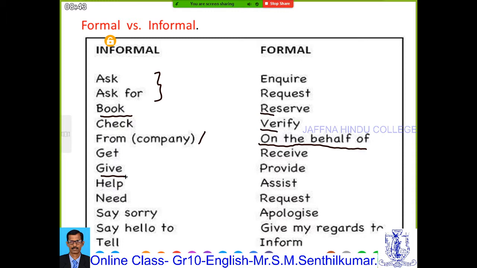Help: "I'm sure the principal will help you" is informal; formal is "I'm sure the principal will assist." Need: "I need your help." Once again, same vocabulary. Instead of ask or need, we use request. Is it okay?